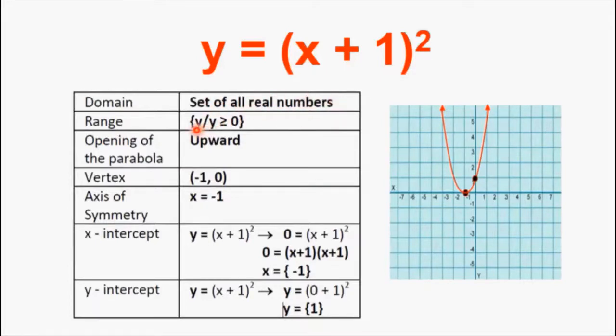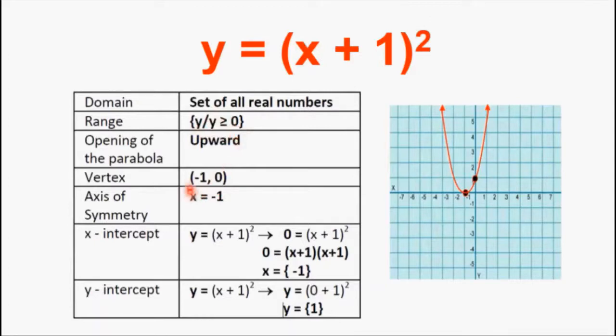Sa range naman is greater than or equal to ang gagamitin natin kasi ang a is positive 1, at kita sa vertex natin na ang k ay 0. Kaya ang range natin is the set of all y such that y is greater than or equal to 0.